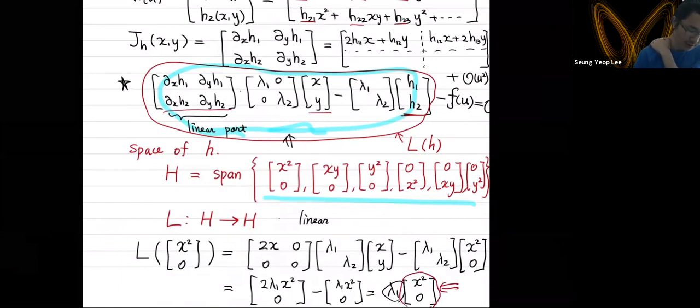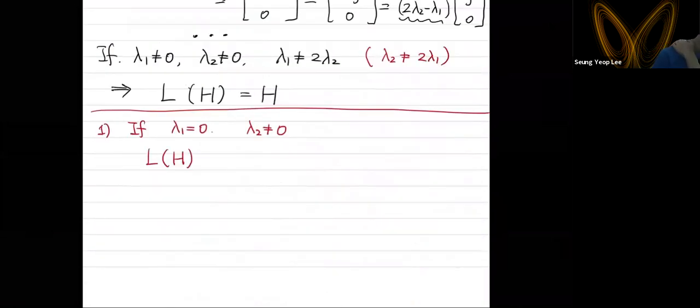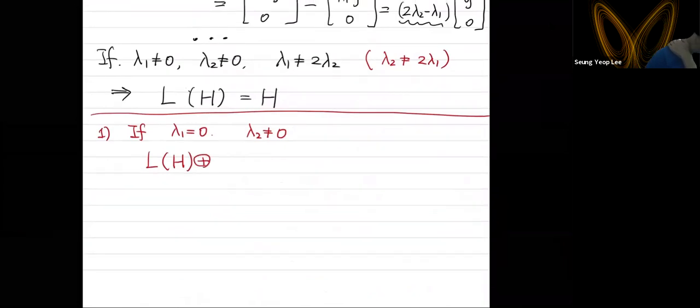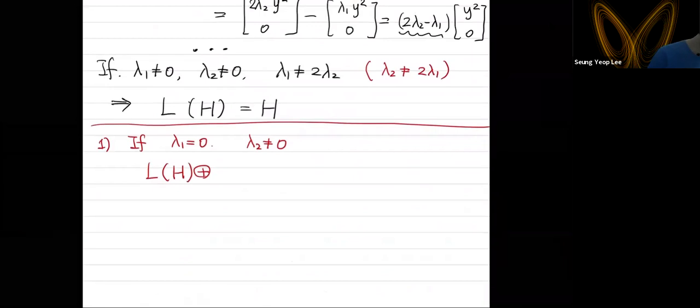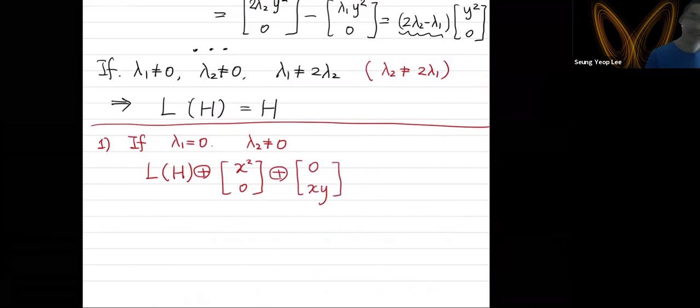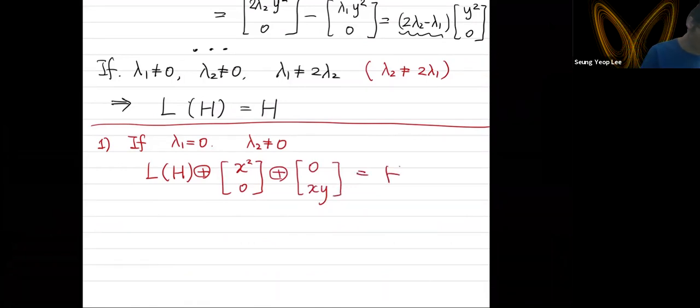It is missing because lambda 1 is 0. So it doesn't cover all the h's, but misses this one. And from a similar calculation in the second component, it also misses this one by the symmetry. So it doesn't cover all the space, but it misses this one.